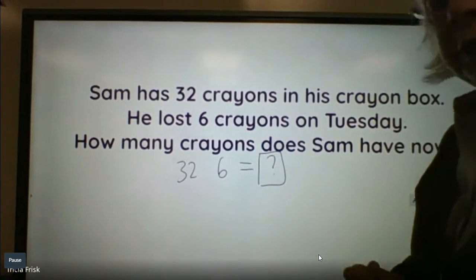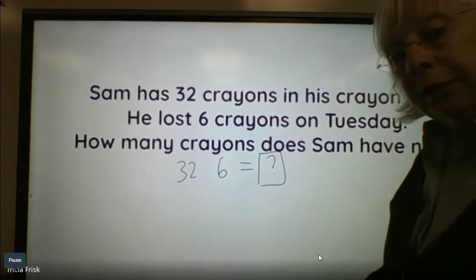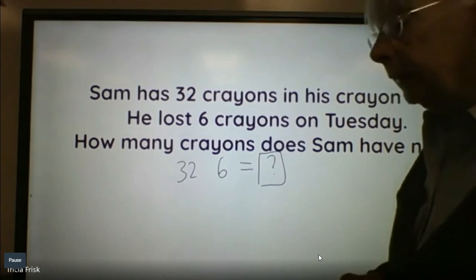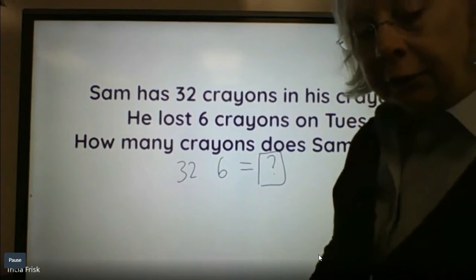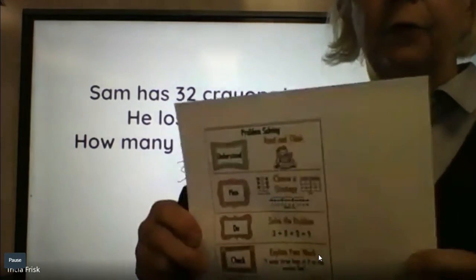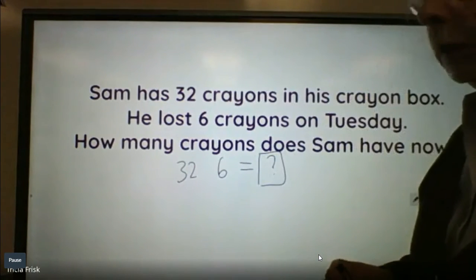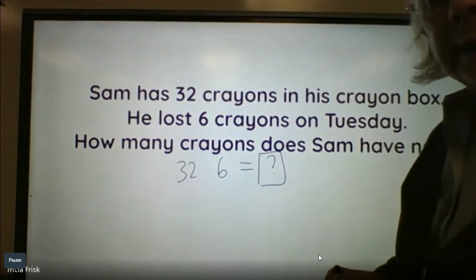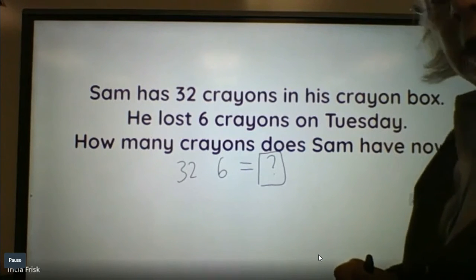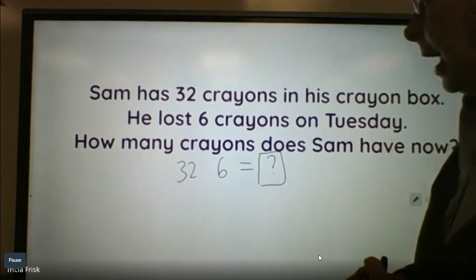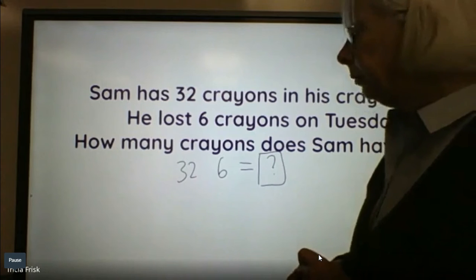When we write our equation with the unknown at the end, we show that as a question mark or a blank space. So I'm still trying to understand the problem. So I'm still in the first step. Have I understood the problem now? Yes, I know that Sam had 32 crayons. He lost 6 crayons, and I want to find out how many crayons Sam has now.